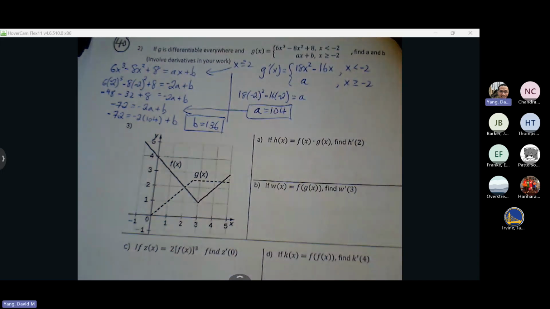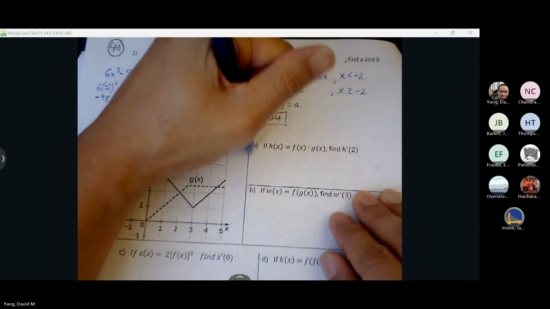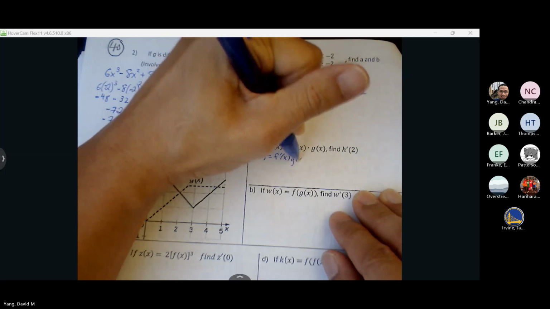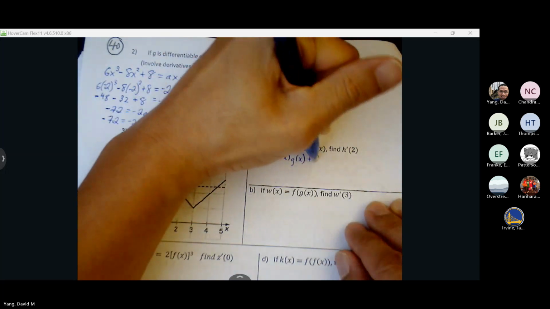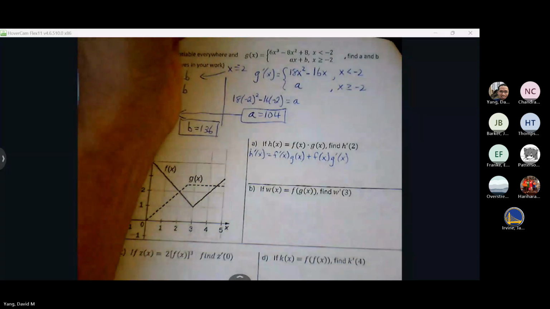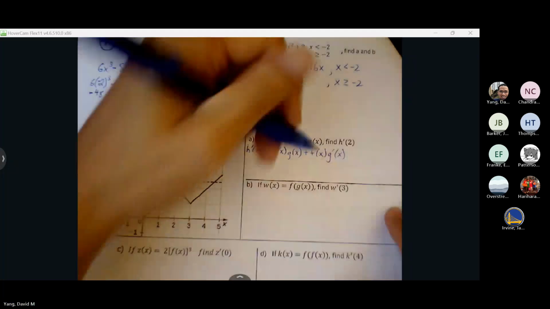You have two different x's, which indicates you have two functions. They're not inside each other, they're outside of each other. They're being multiplied. So f prime g plus f g prime. Every x gets replaced with 2.